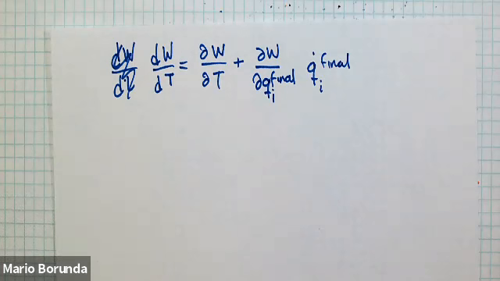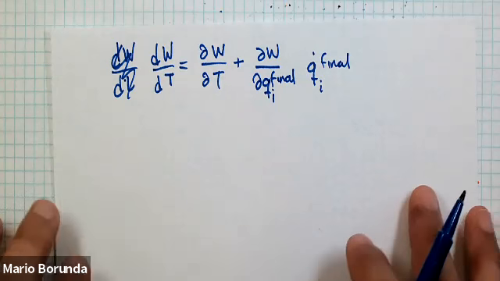So that's just q dot final. Make sense? You guys know all of this mechanics already, right?